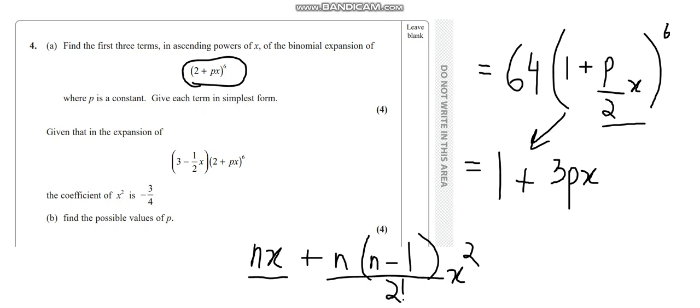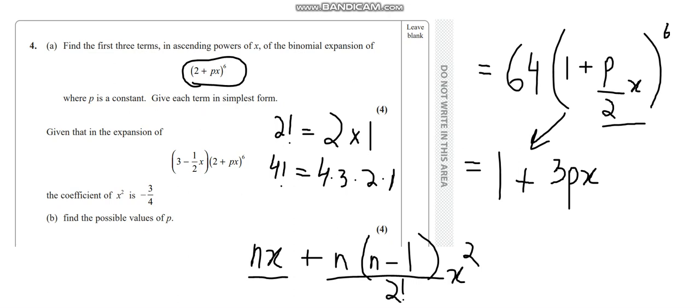The factorial is basically everything going backwards. So 2 factorial is 2 into 1, and 4 factorial is 4 into 3 into 2 into 1, everything rolling back till 1. So 2 factorial will become 2 only.